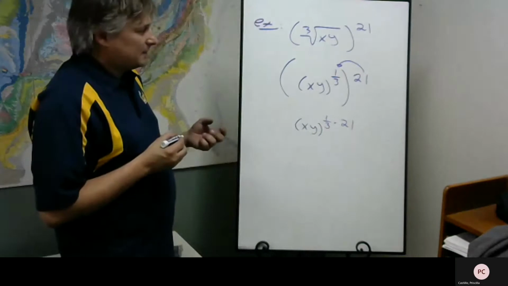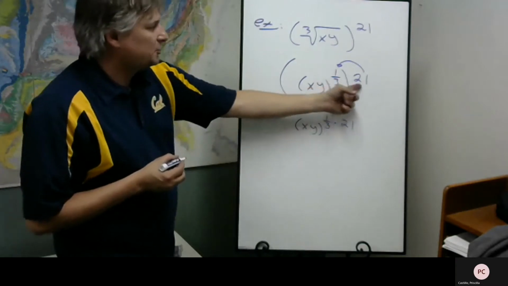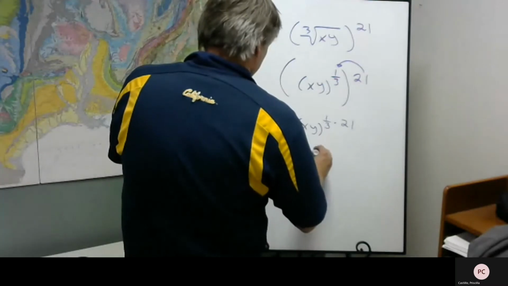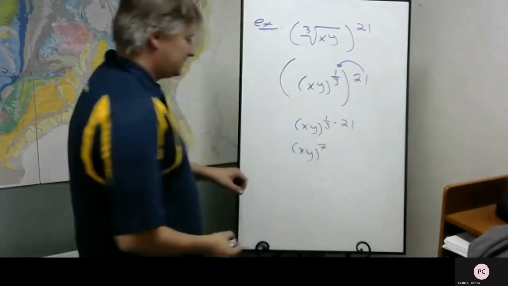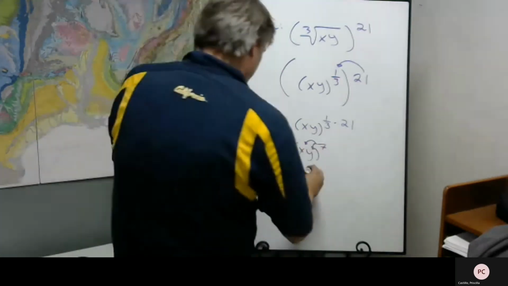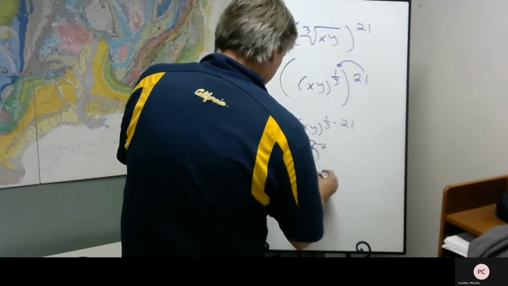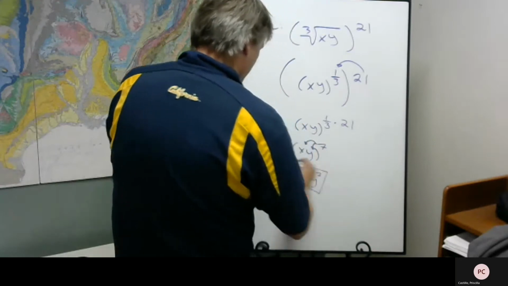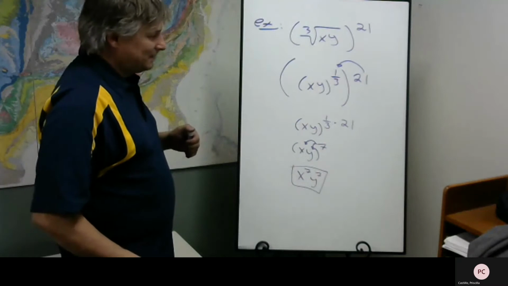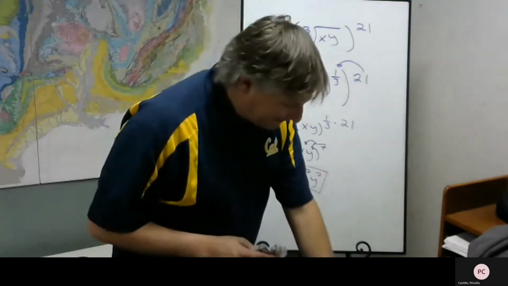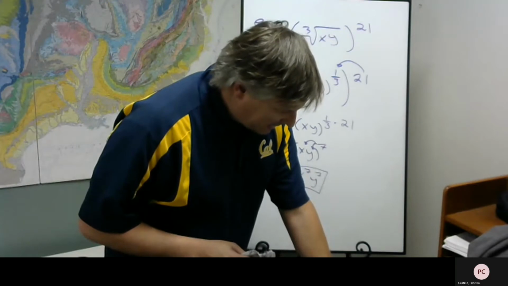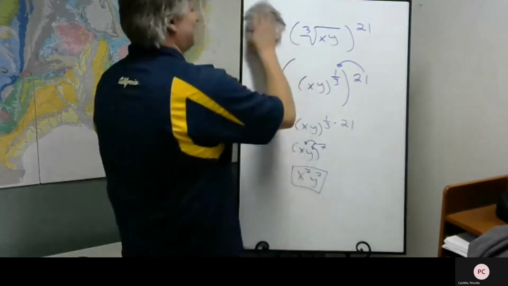So this is what we're going to get. We make this a rational exponent, distribute the 21 as an exponent, and what we'll get, xy to the 7th, distribute that as an exponent, x to the 7th, y to the 7th. And that's going to be your answer. Let's look at a couple more. We'll do 3 more.